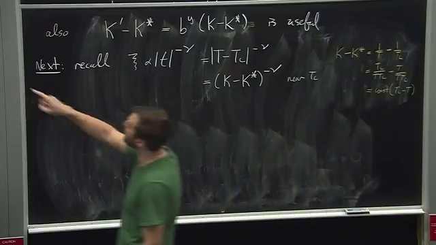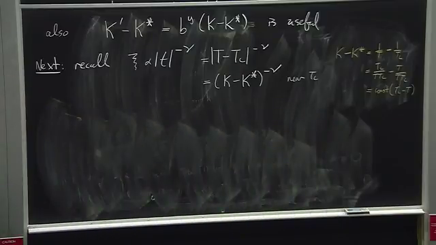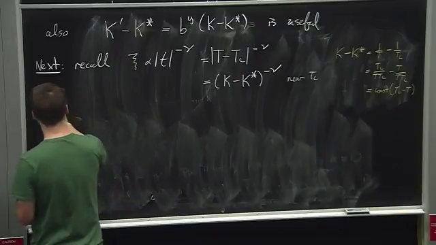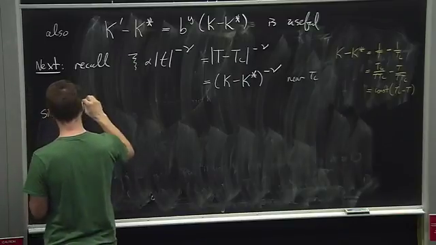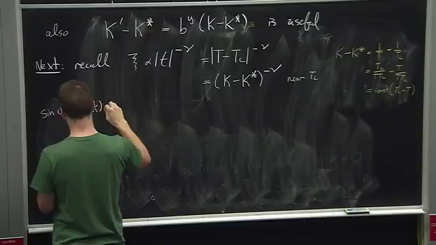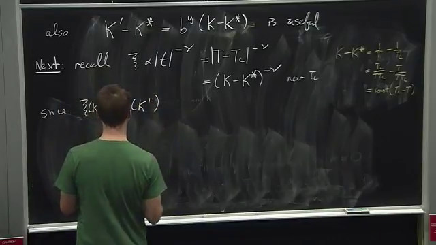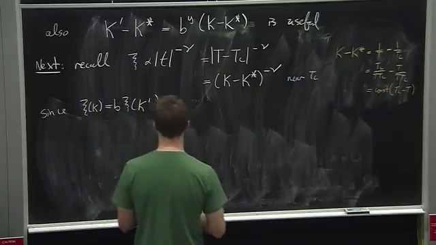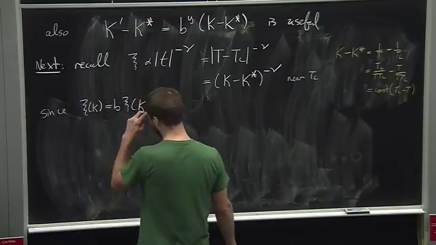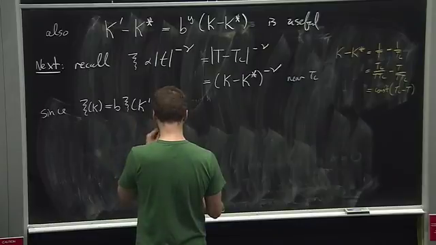And since b is related to the correlation length, so 1 over b, which way do I want to do this?